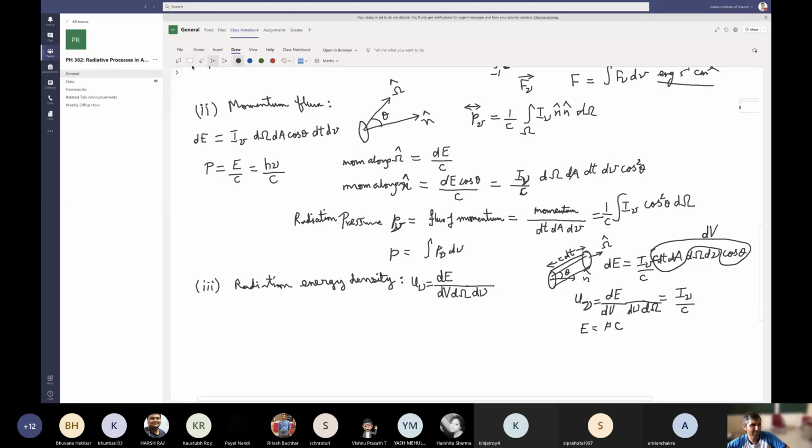Let me actually not talk about this now. It's a little confusing. I'll come to this later. Okay. So u nu equals I nu by c, and of course the units of this are erg per centimeter cube.